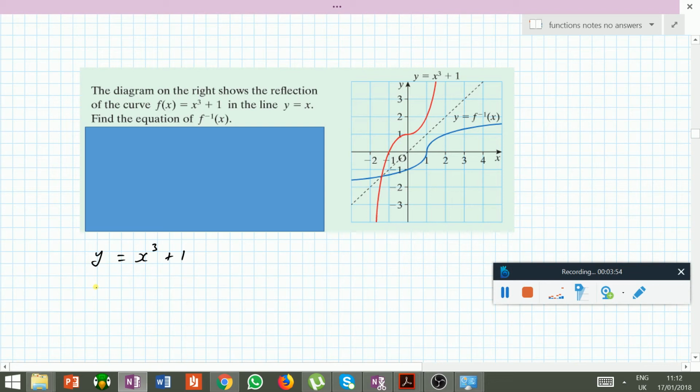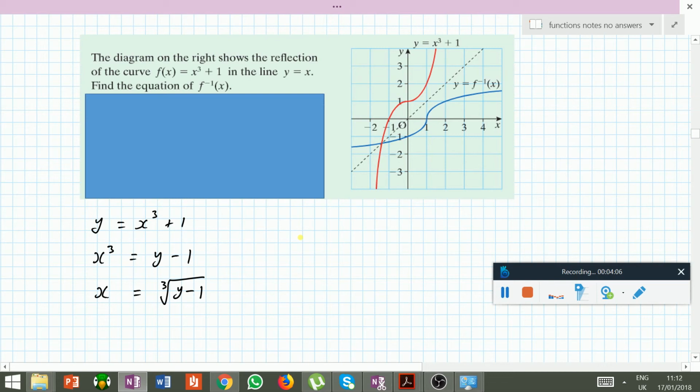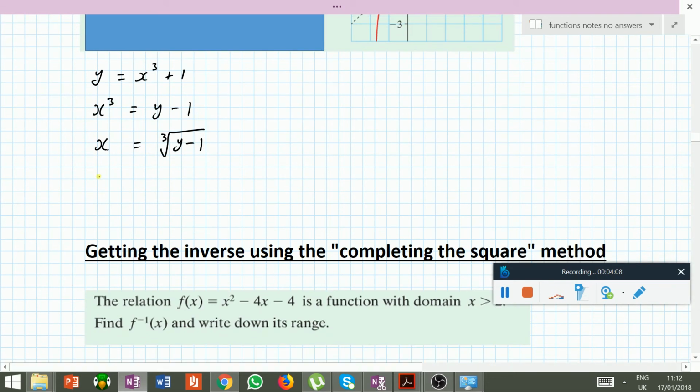We say x cubed is equal to y minus 1, and then x will be equal to the cube root of y minus 1. Sorry, I just have to swap around the y's and the x's. So y is equal to the cube root of x minus 1, and that's the answer.